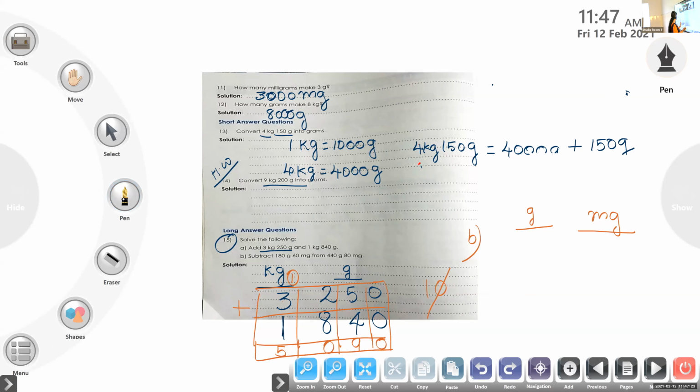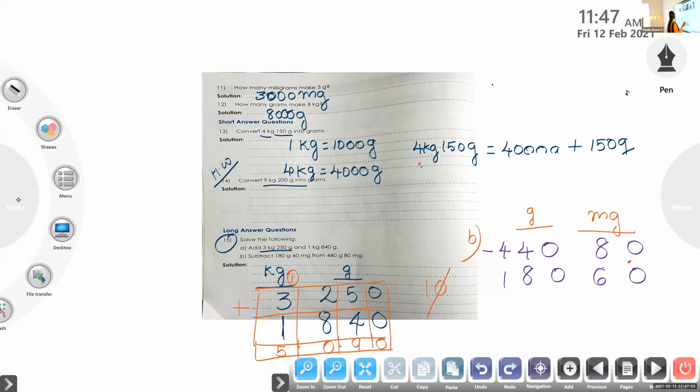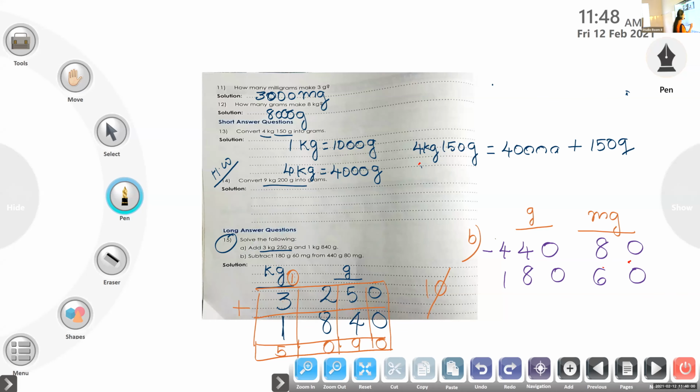So first you have to write 440 gram 80 milligram. That is the first measurement. Then 180 grams, then 60 milligrams. Then you have to subtract as we do normal subtraction.